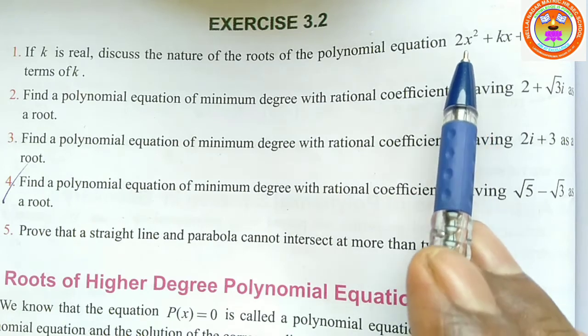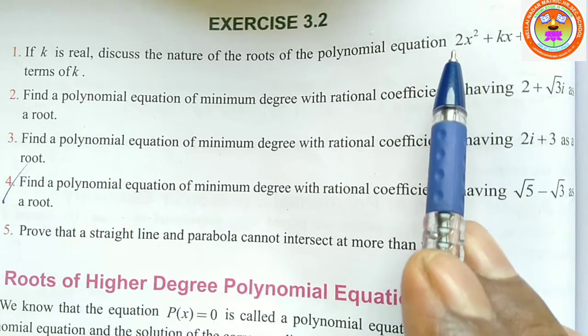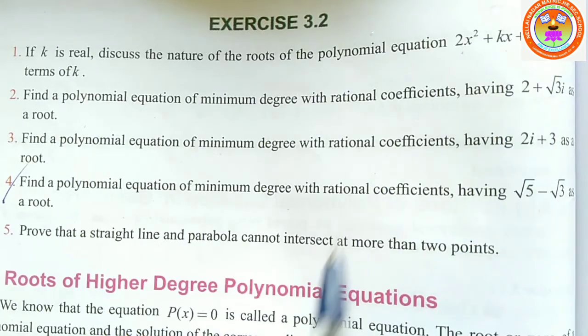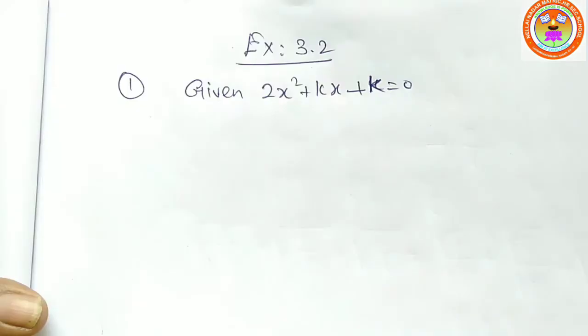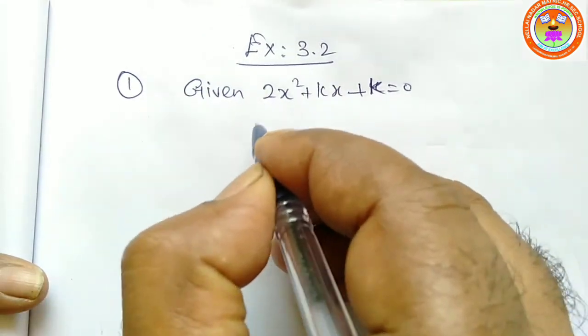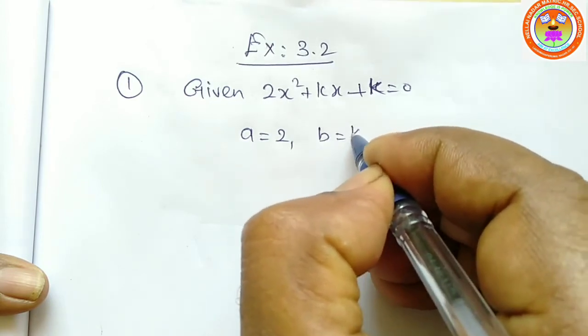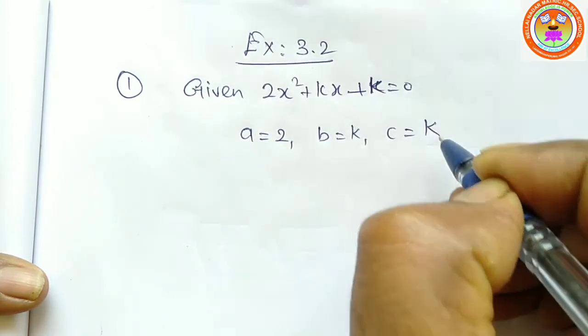Here we are given one quadratic equation, 2x square plus kx plus k equal to 0. So what is the value of a? a is 2, b is equal to k and c is also k.